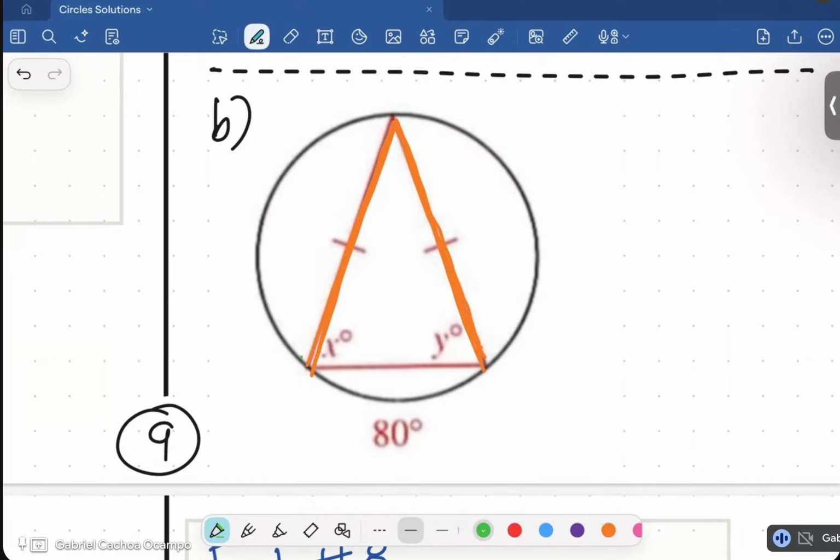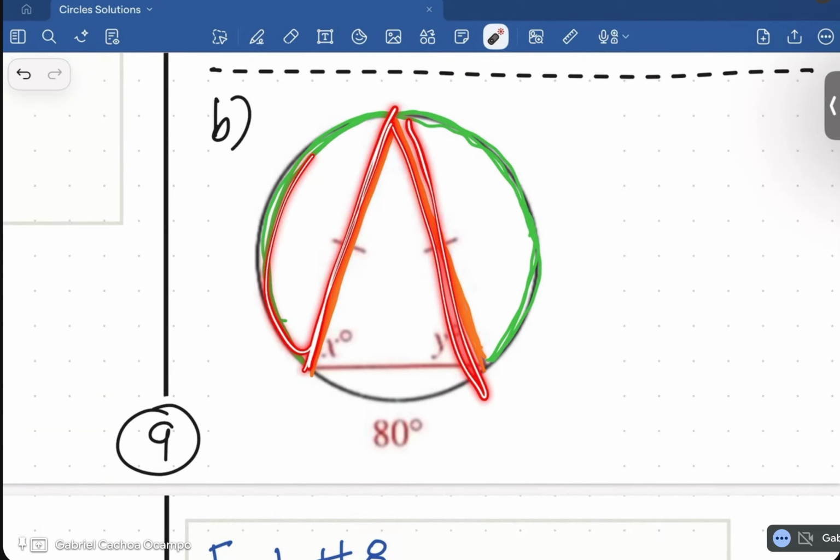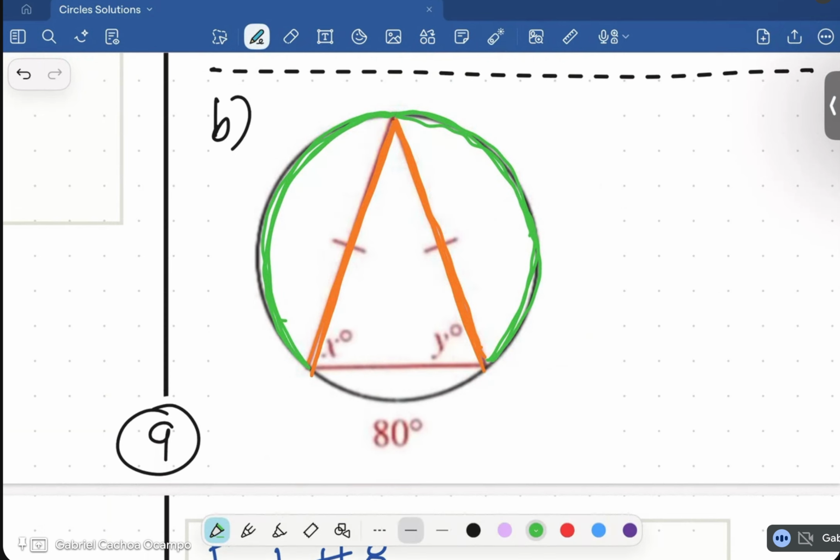So that means that this arc is congruent to this arc. I don't remember if it was fact number 3 or fact number 2, but congruent chords have congruent arcs because this is the same as this. So what can you tell me about x and y?